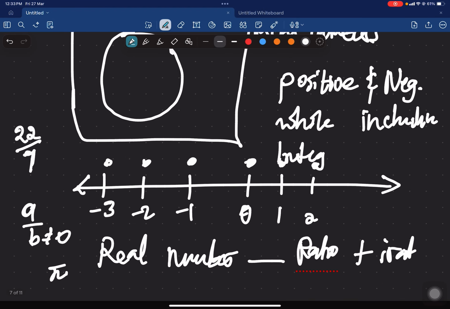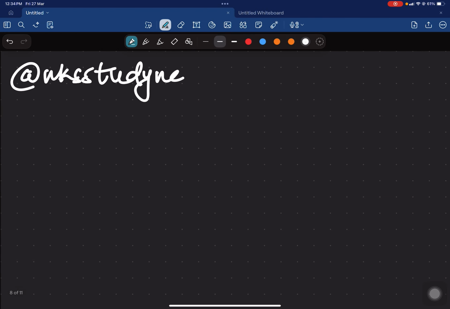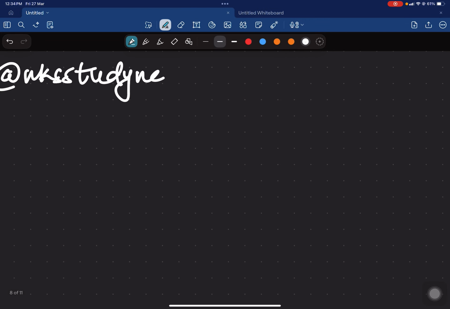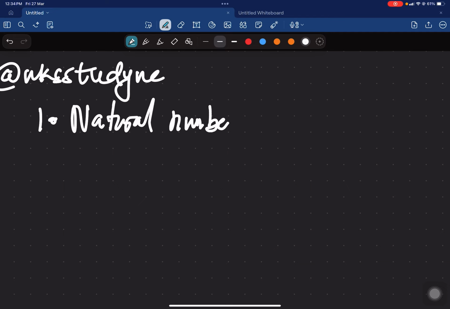Let's take the first one, the set of natural numbers, which we denote by capital N. It's an infinite set that starts from 1.